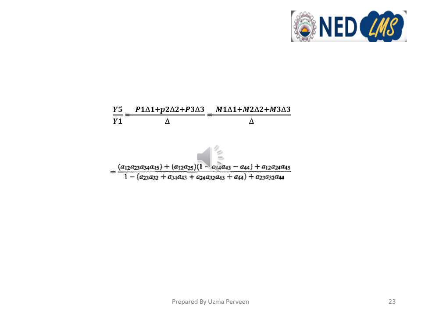Then we have calculated the single loops and the pairs of two non-touching loops and so on. Then we have calculated the value of del, and then the values of del i's, and then we have put all these values in this formula to get the answer. So we have calculated the required value of Y5 upon Y1 here. I hope you have understood how we apply Mason's rule to find the transmission rate or the transfer function of the signal flow graph.